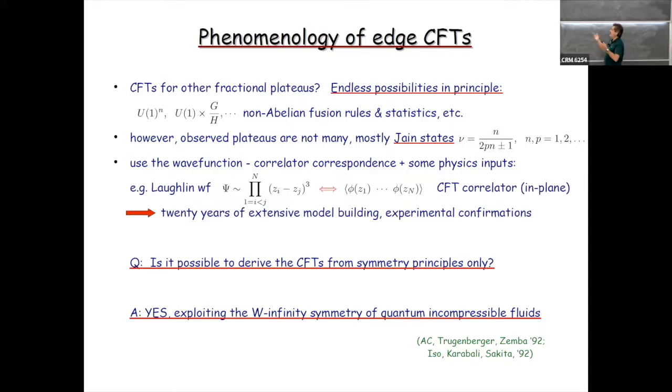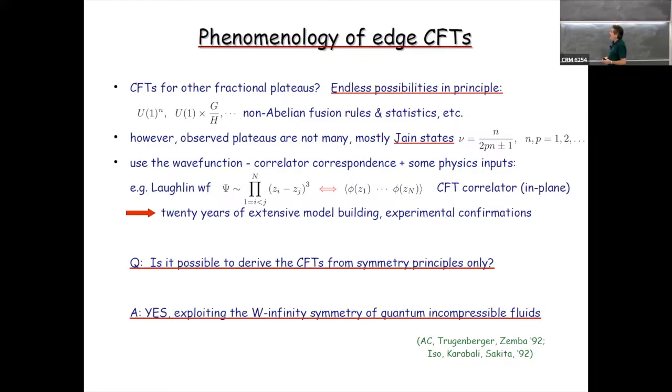So there are endless possibilities. However, experimentally we know that there are not so many plateaus. In fact, mostly these so-called Jain states, which are a two-parameter extension of the fractional Laughlin state: for n equal to 1, they are the Laughlin state, and for n bigger than 1, they are other states.